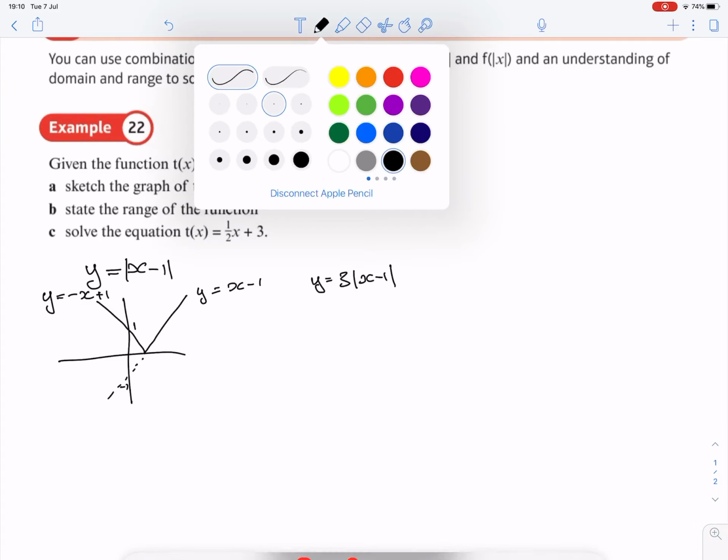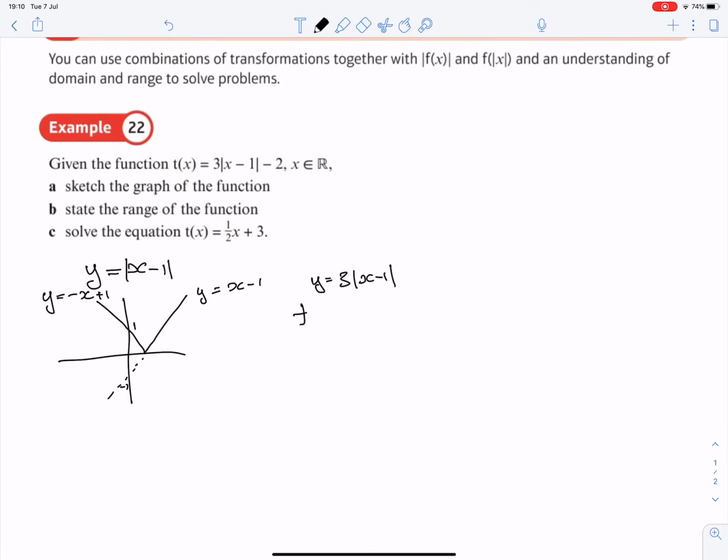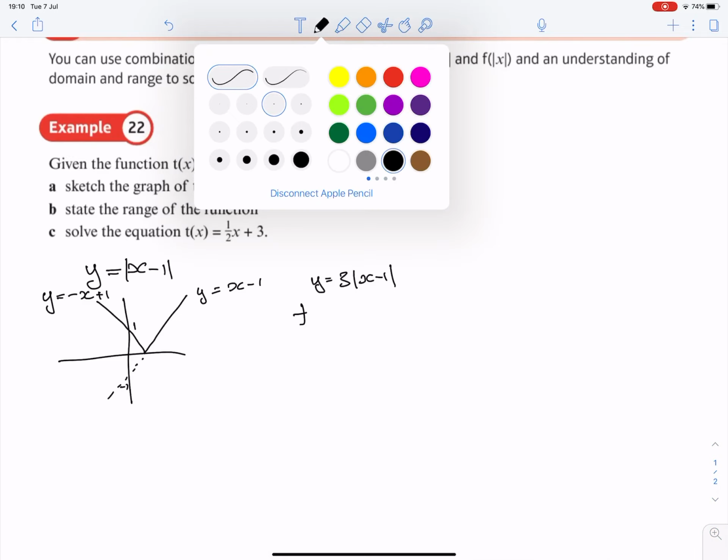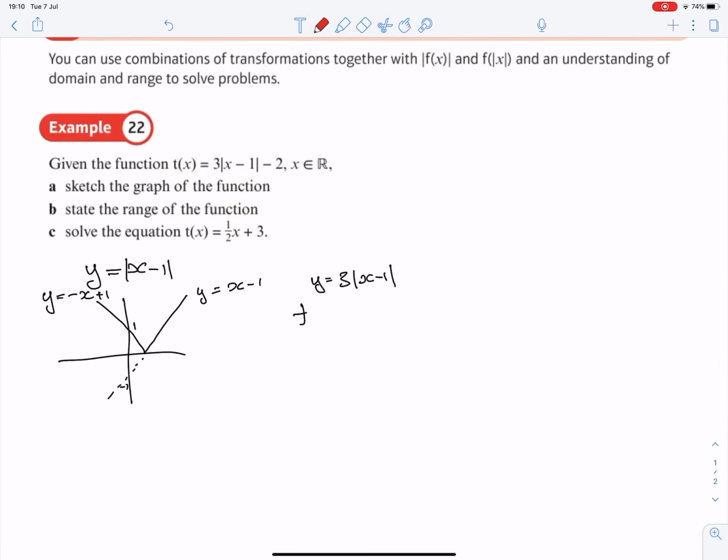And hopefully we know that that is a stretch scale factor 3. f of x maps onto 3 f of x with a stretch scale factor 3, and this is outside the function. So the change is going to be in the y direction. So the x-axis is invariant.